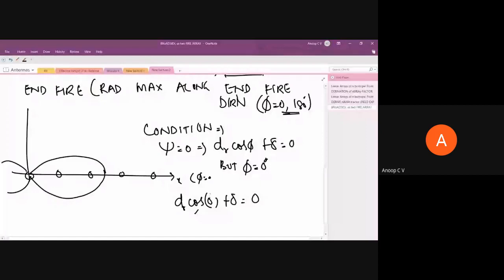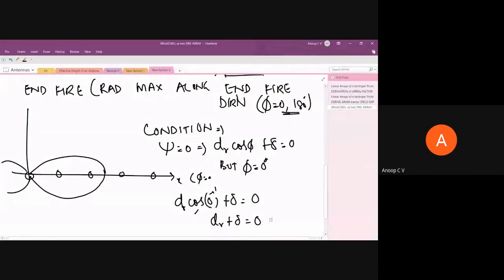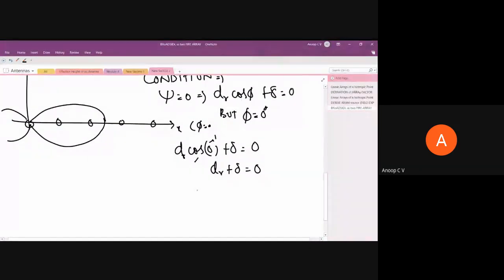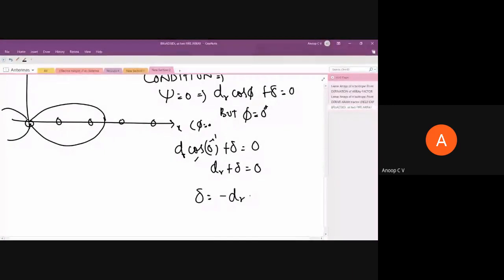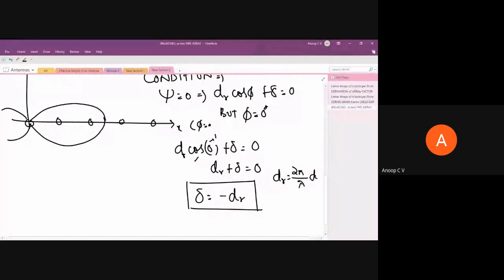Cos 0 is 1, which implies d r plus delta is equal to 0, so for an end-fire array, delta is equal to minus d r. It depends upon the spacing, where d r, if you remember, is 2 pi by lambda times d. Suppose this spacing is lambda by 4.